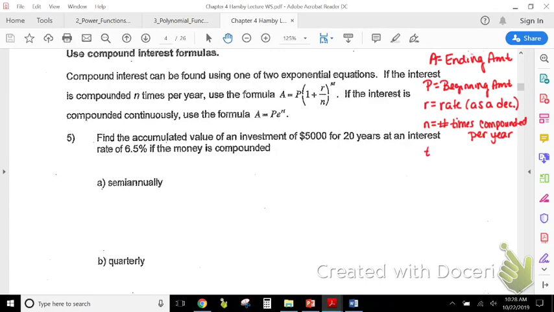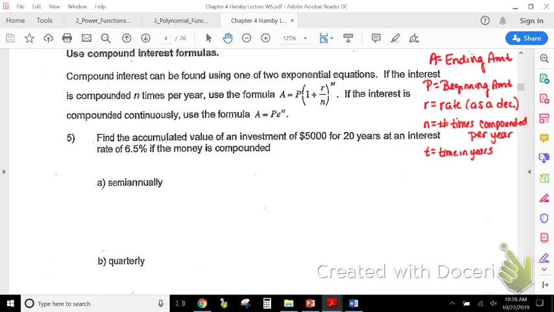And what is T? It is the time in years. So be careful because I've seen it before where they'll tell you something happened in 18 months. Don't use 18. It's in years, so you got to use 1.5.